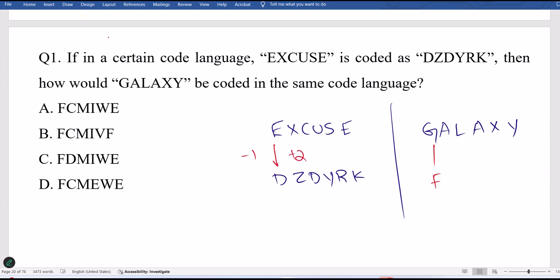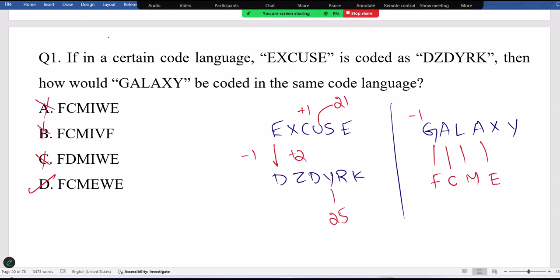So do +2 here, which means C. Third one is +1, so do +1, M. Now the fourth one, u is 21, y is 25, plus 4. So plus 4 means we'll get e. So I think you can find option D is the correct one. There is no logic, it's very simple. Whatever they did to the first letter, the same thing you have to apply here.